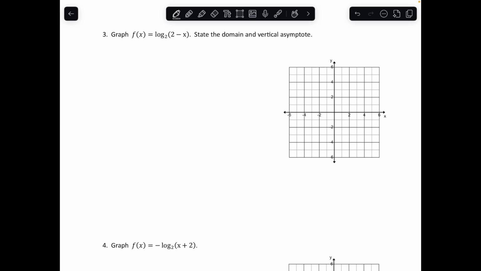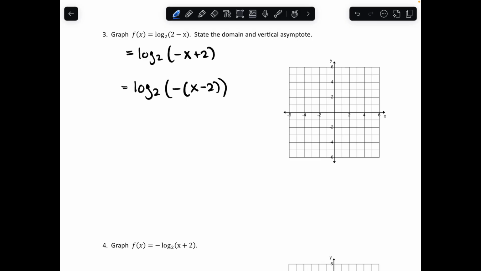So for number 3, we're looking at another logarithm of base 2. However, our input looks a little weird. So let's go ahead and manipulate it a little bit. This is the same thing as log base 2 of -x plus 2, or we can write it as log base 2 of negative quantity x minus 2.